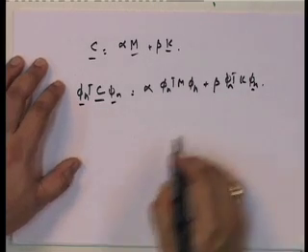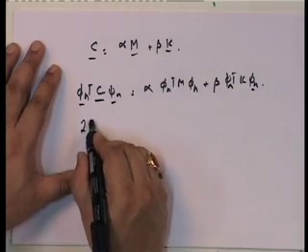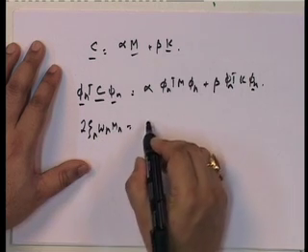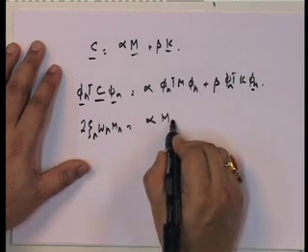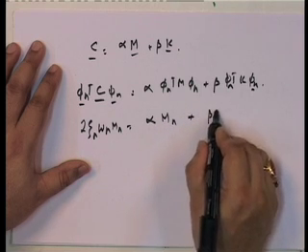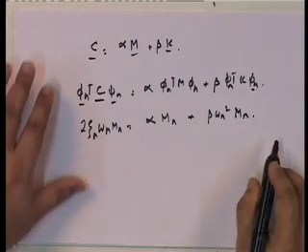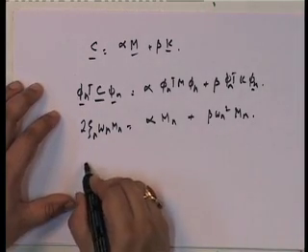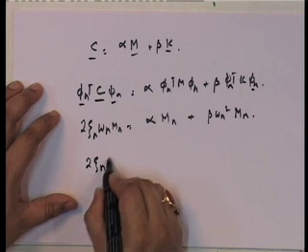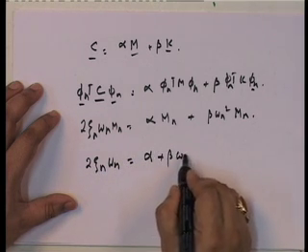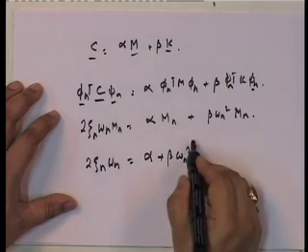So, this is equal to 2 xi n omega n m n is equal to alpha m n plus beta omega n squared m n. So, let us get rid of m n. What we get is 2 xi n omega n is equal to alpha plus beta omega n squared.